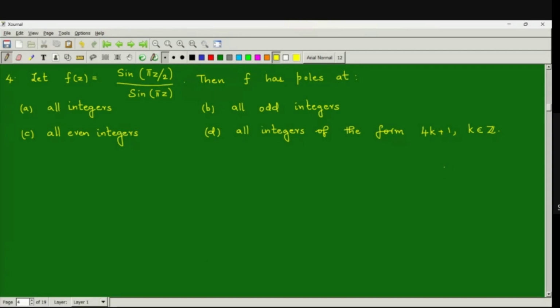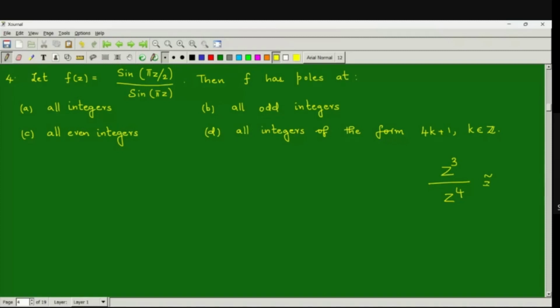So what you are telling is that if I have a function like this, we need only to check whether 0 is a pole of this or not. In this case, what is actually this thing? It is a removable singularity. Is it so?